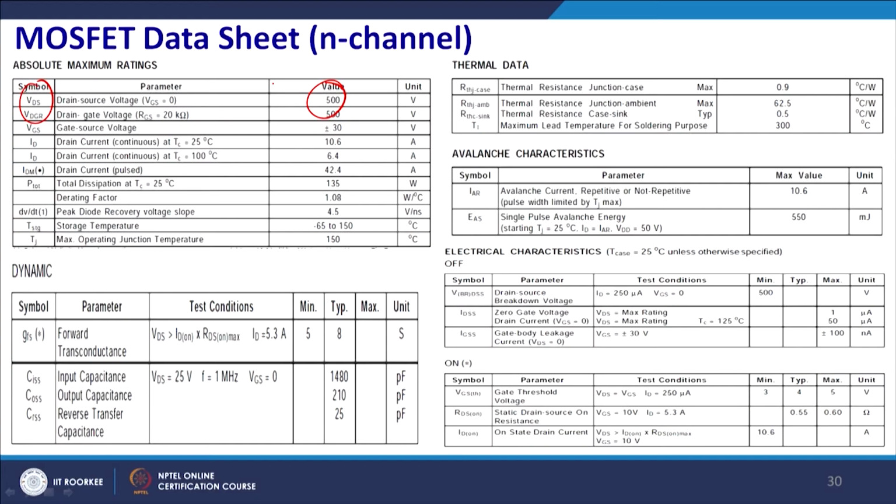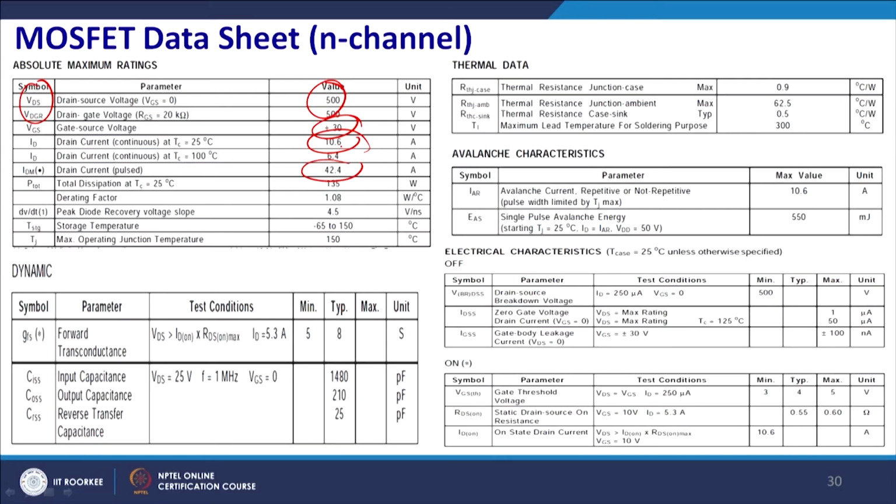So, drain to source voltage will be this, and VGS will be plus minus 30, and ID at 25 degree centigrade can be around 10.6 ampere. For 100 degree centigrade it has to be derated, so it has to be this much, and then for a pulse kind of waveform, it can be as high as 42 amperes.